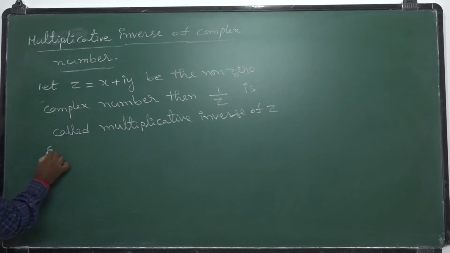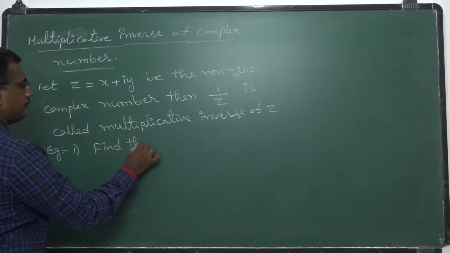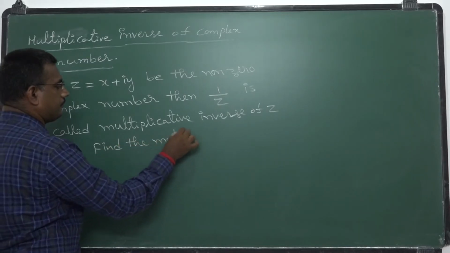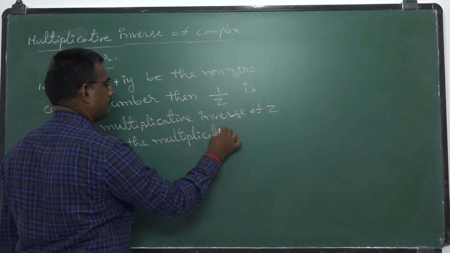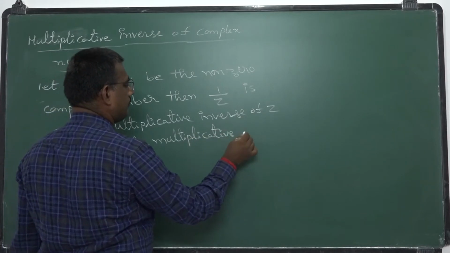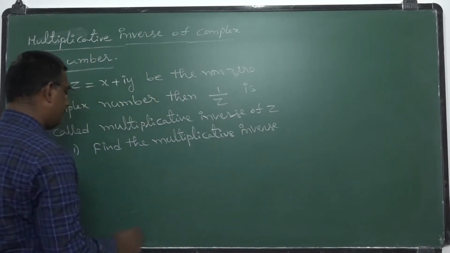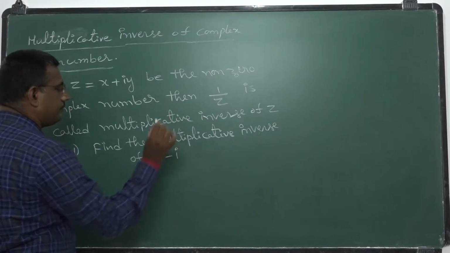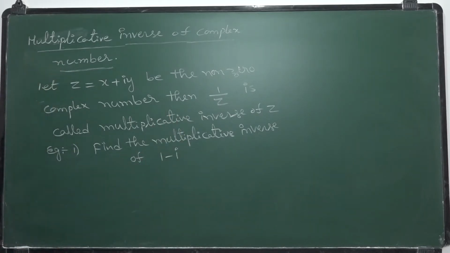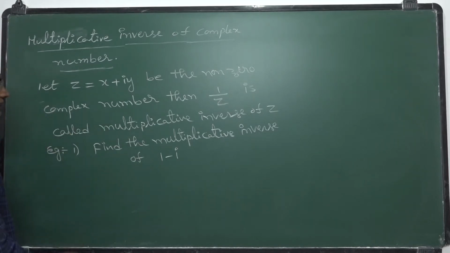Example, find the multiplicative inverse of the complex number 1 minus i. Solution.